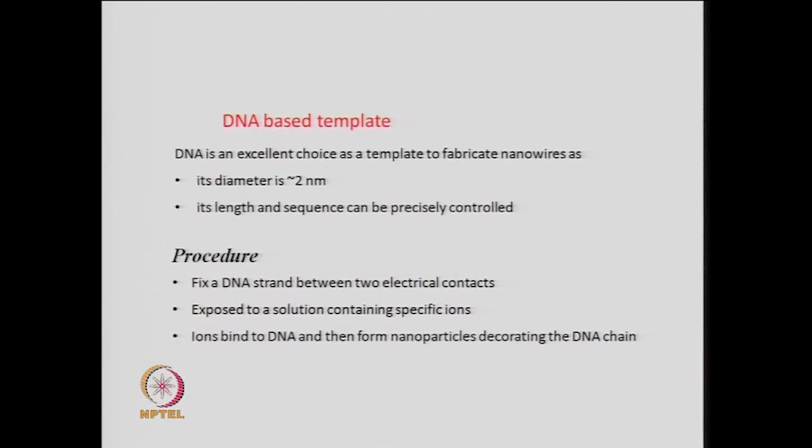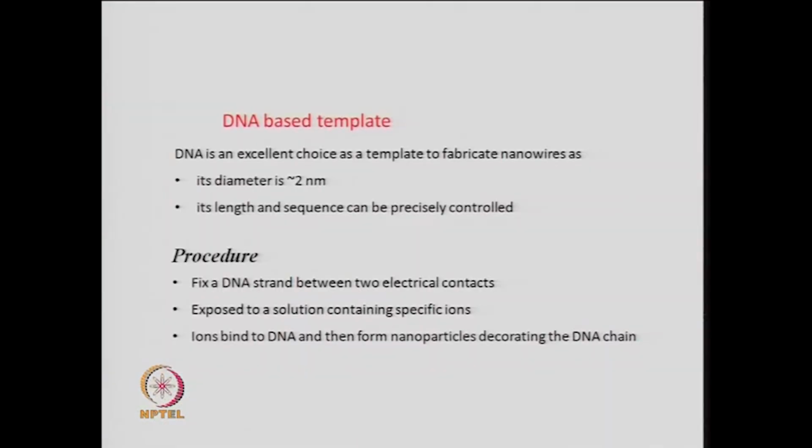So, you can have very long DNA fibers and the length you can control, and DNA, as you know, is made of a sequence of bases, nucleic acids, which make up the DNA chain. So, by controlling the length and the sequence, you can control the nanowire which is going to be deposited on the DNA chain.